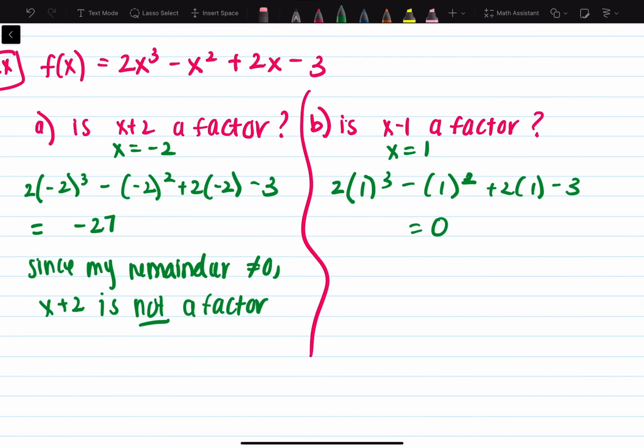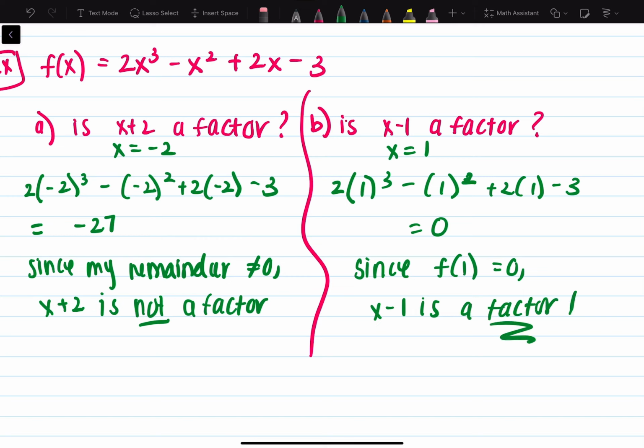So since f of 1 equals 0, x minus 1 is a factor of the polynomial, because my remainder is 0.